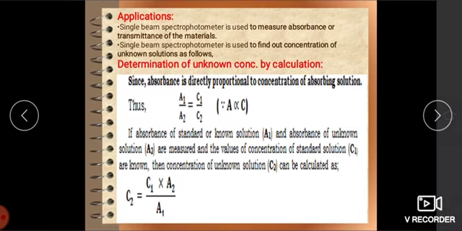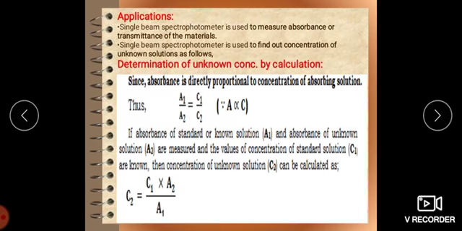If the absorbance of the standard known solution A1 and the absorbance of the unknown solution A2 are measured, and the concentration of the standard solution is C1, then from these values the concentration of the unknown solution C2 can be calculated from this equation: C2 is equal to C1 into A2 divided by A1.